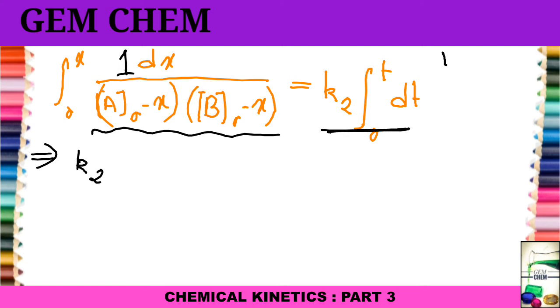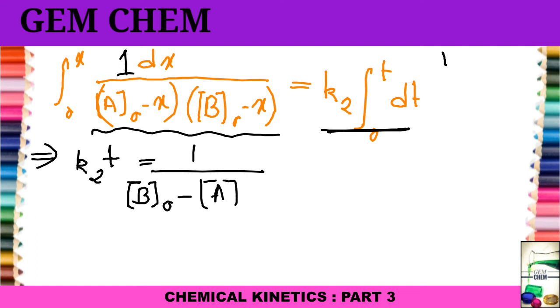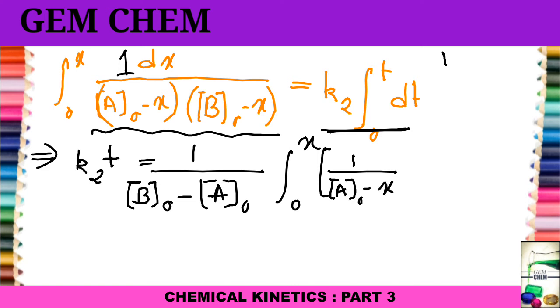Here this integration gives us K2 t equals 1 by B0 minus A0, integration 0 to x of 1 by concentration A0 minus x minus 1 by concentration B0 minus x, dx, right?